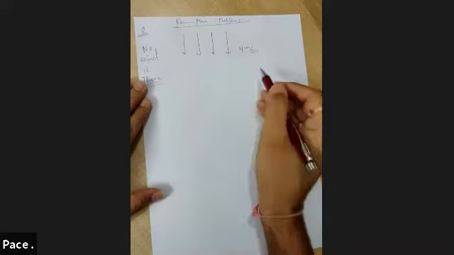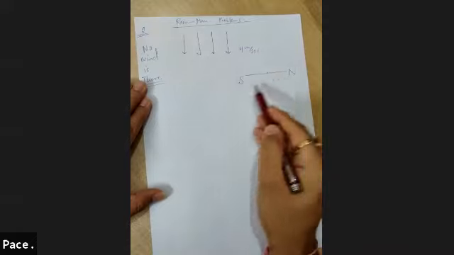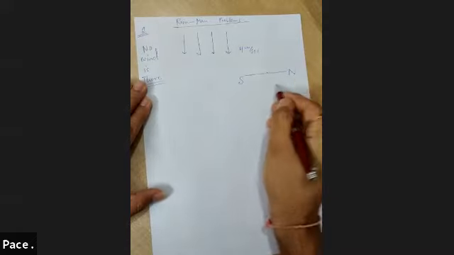North to south, let's say this one is north, this one is south. East would be coming out of the plane of this paper, and west would be into the plane of this paper. So wind is blowing from north to south.